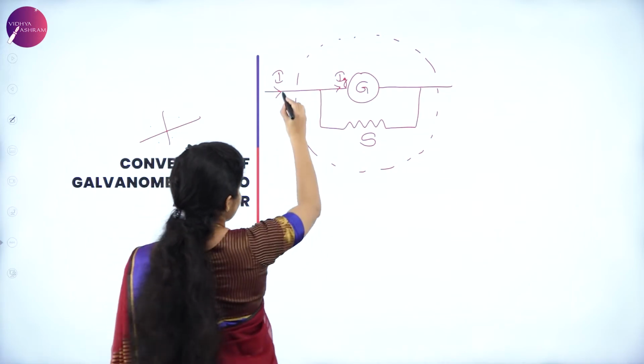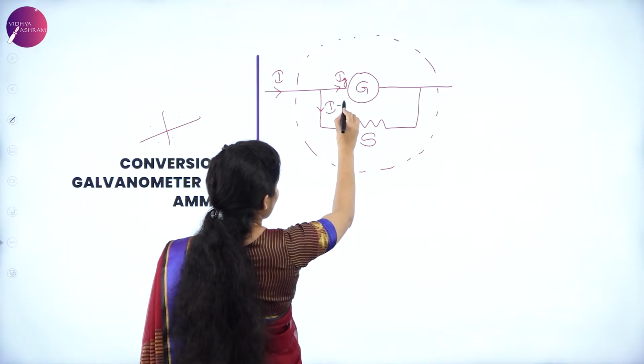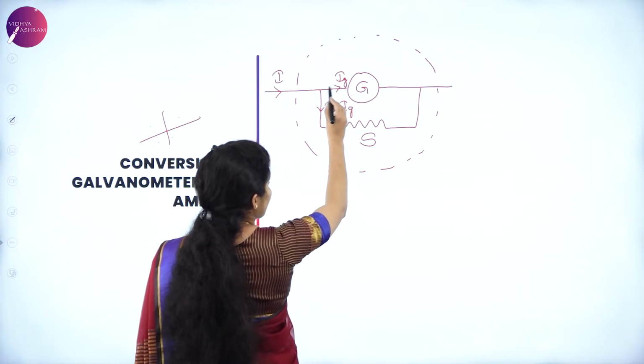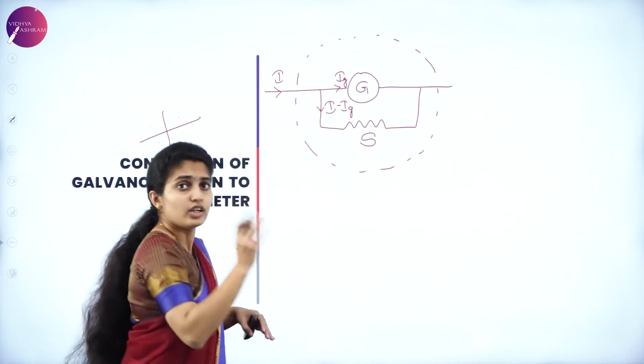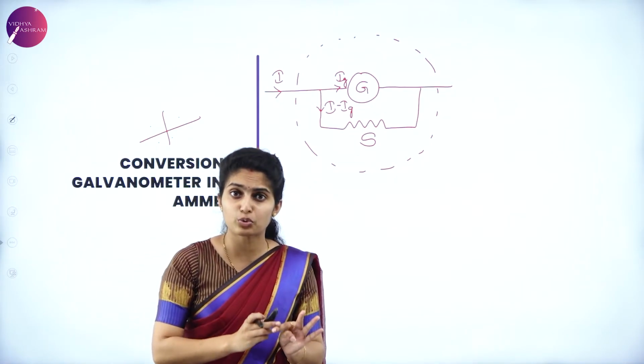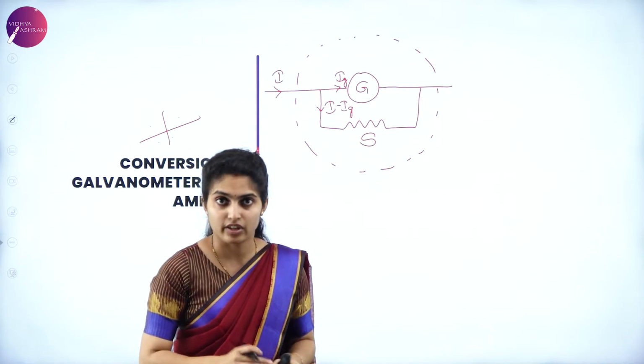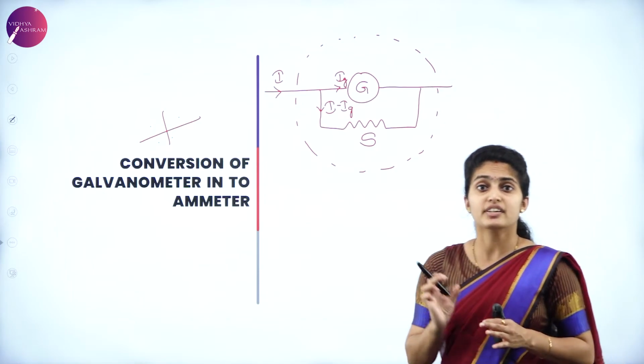When I passes here, from the total amount you subtract the current flowing through the galvanometer, and that gives you the amount of current flowing through this resistor. This is called a shunt resistance.